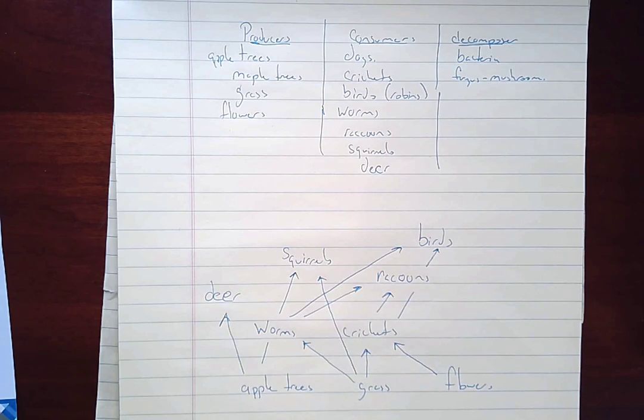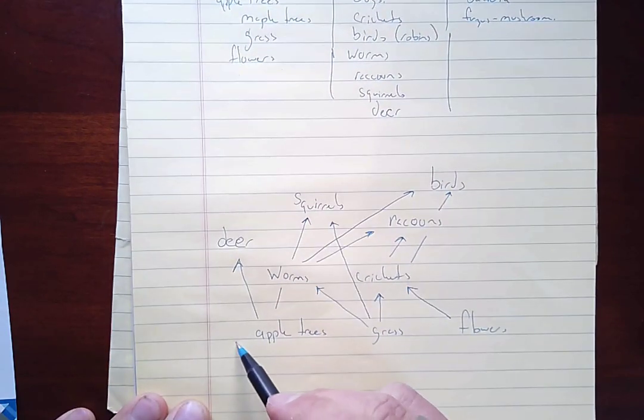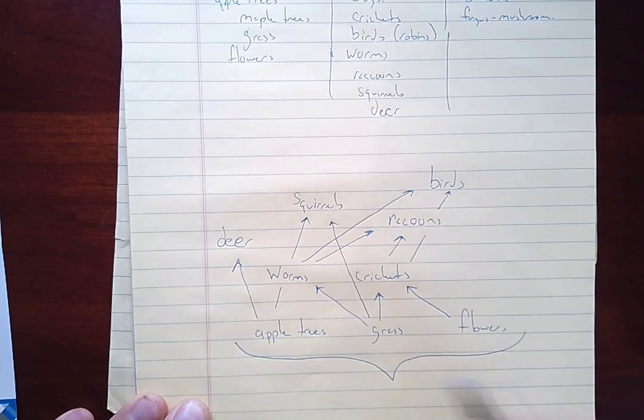Okay. And so you're eventually going to make these charts that are going to actually overlap. Okay. And so when you start thinking about these, this is what actually makes that kind of web-like thing. And then at the bottom, everything here is going to be decomposed by, when it dies, it's going to be the bacteria.